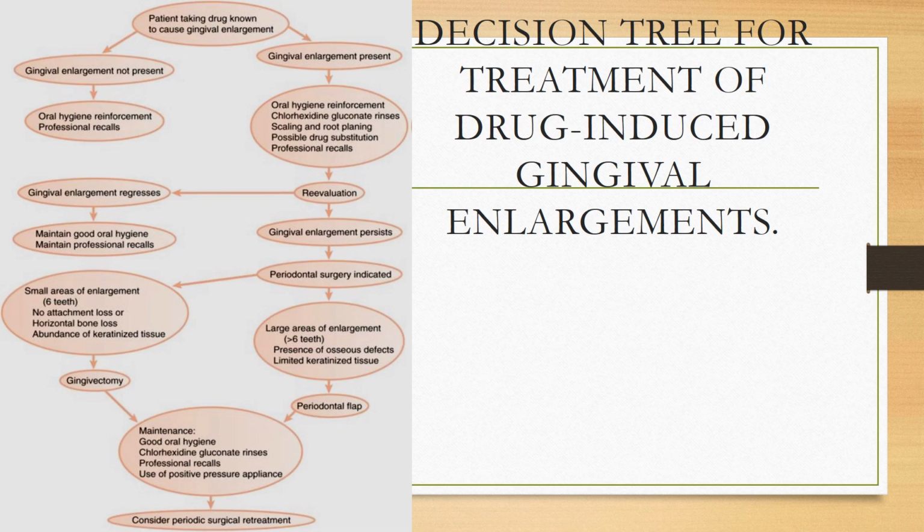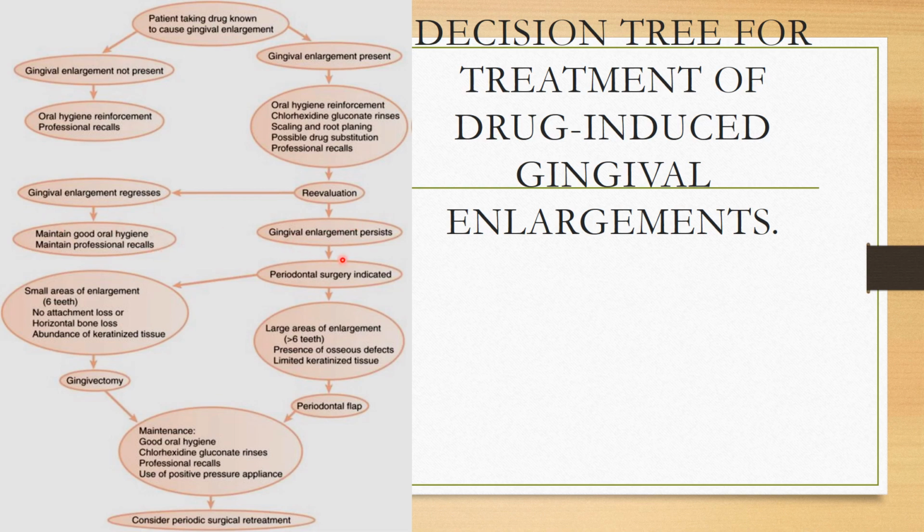So this is the decision tree for drug-induced gingival enlargements. You can see that if gingival enlargement is not present, then you can just go for oral hygiene instruction and the maintenance phase. If it is present, all phase 1 therapy will be done and reevaluation will be done. If it is regressing, then again it will go to the maintenance phase.